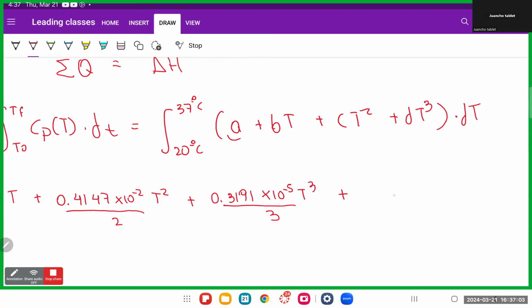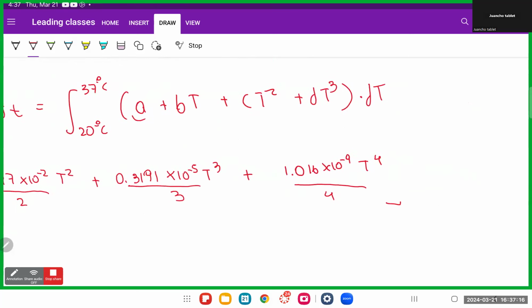Finally, D is 1.016 times 10 to the negative 9 times T to the 4 divided by 4. And the limits of this integration are 20 to 37.